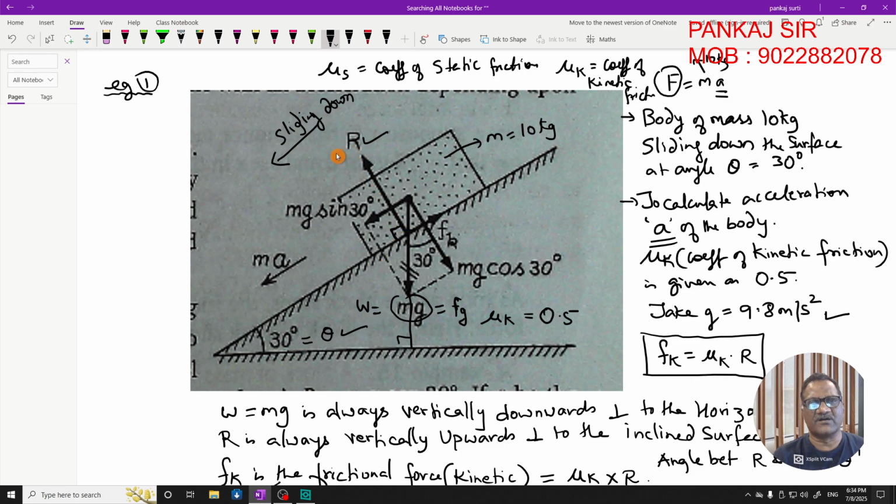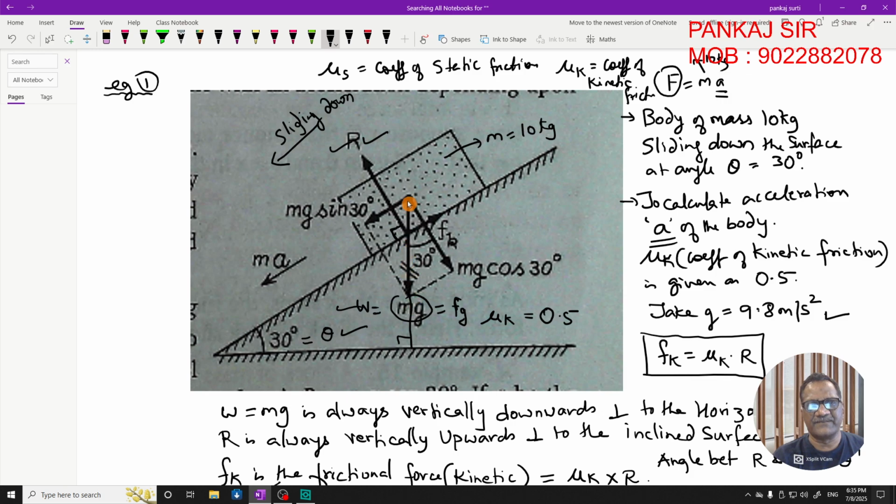So this is your reaction force, this is your weight force mg, and this mg force you are going to resolve along two directions, that is parallel to the inclined plane direction and perpendicular to the inclined plane direction.